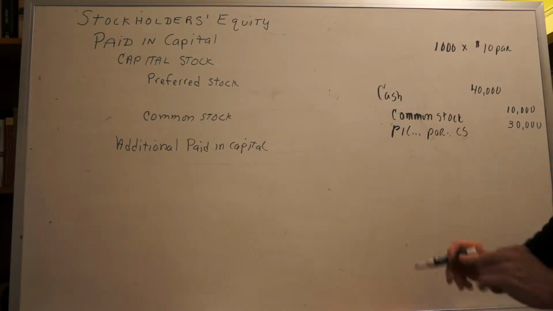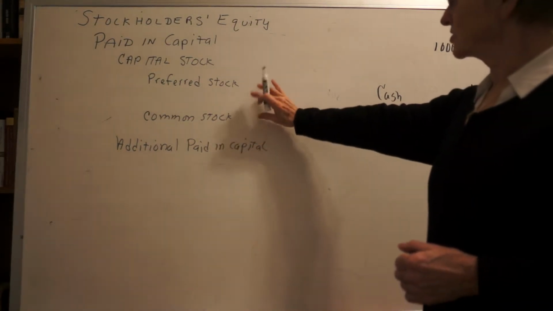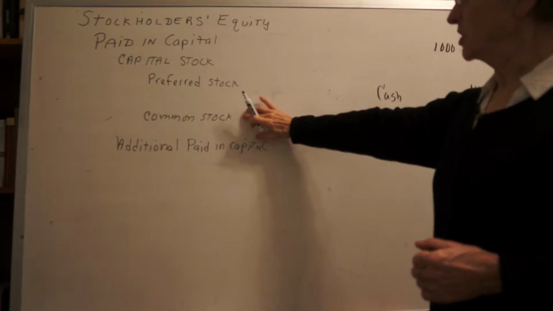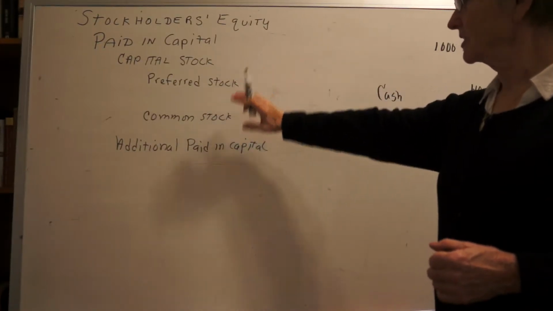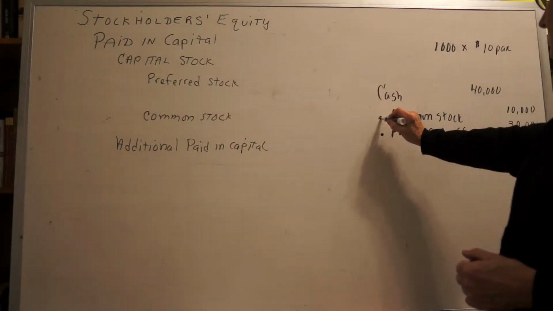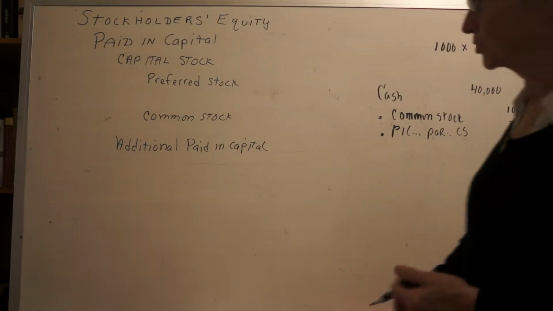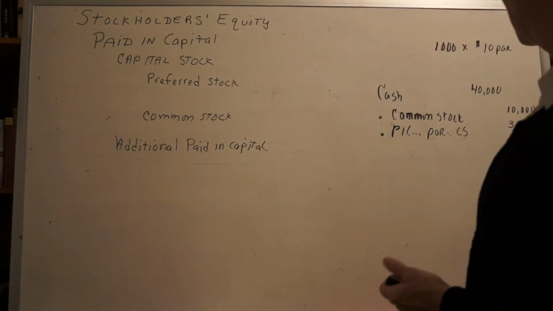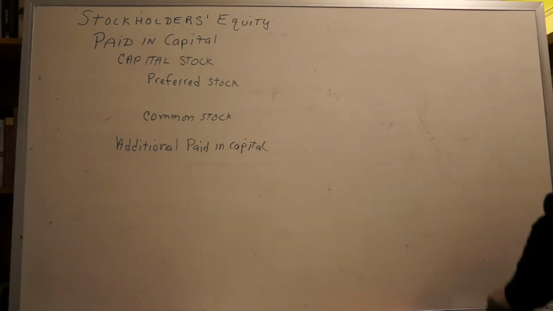So the stockholders' equity section lists anything attributable to common stock and preferred stock under the capital stock. Anything that's over and above the par or stated value goes in the additional paid-in capital section for preferred and common stock. They keep all of that separate.